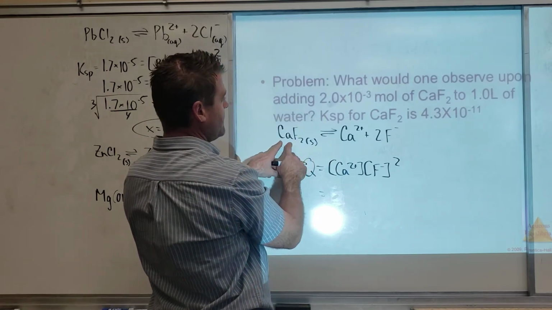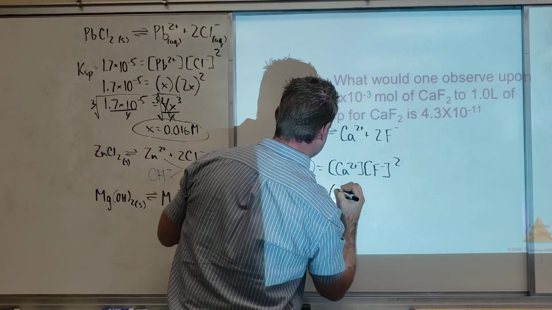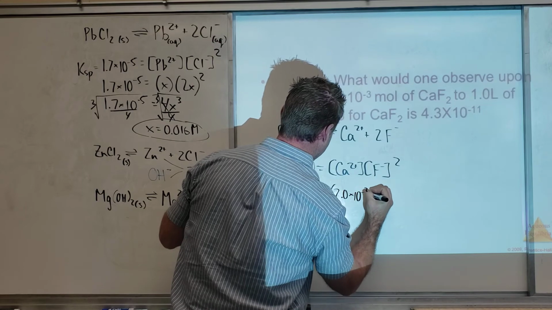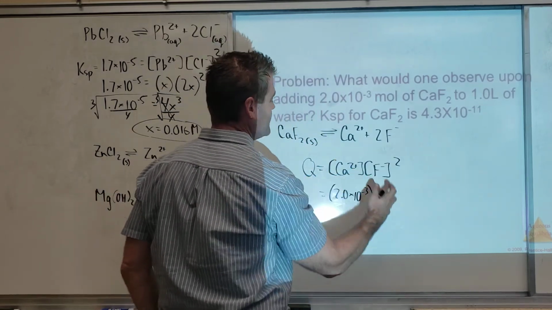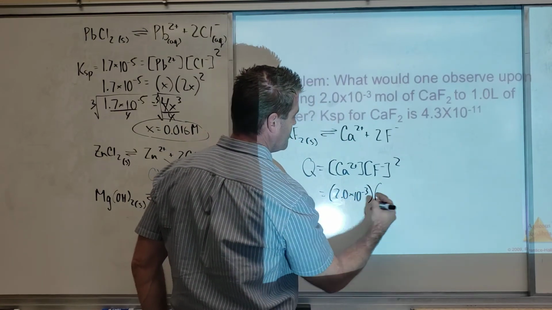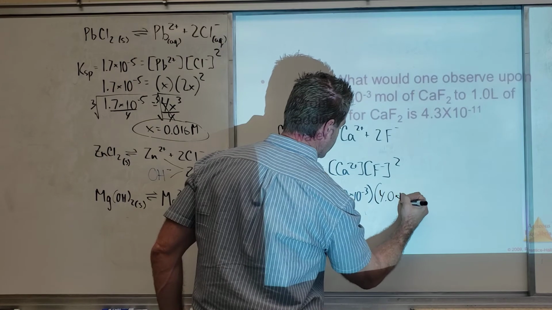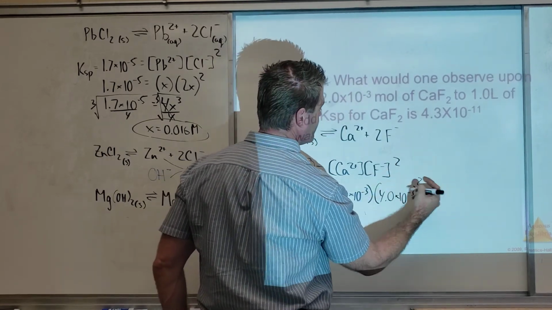Well, for every one of this, I get one of this. So wouldn't the concentration of that be 2.0 times 10 to the negative 3? Well, for every one of this that is formed, I would form twice that. So wouldn't I go 2 times 2.0, which would be 4.0 times 10 to the negative 3? But then don't forget, you also have to square it.